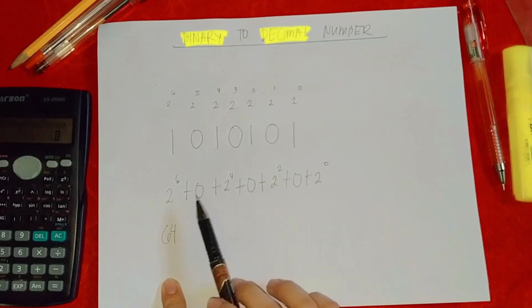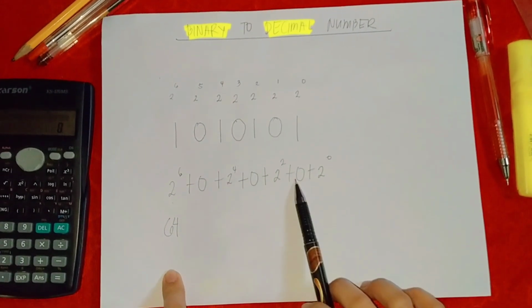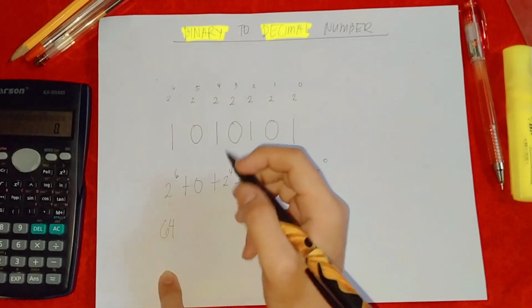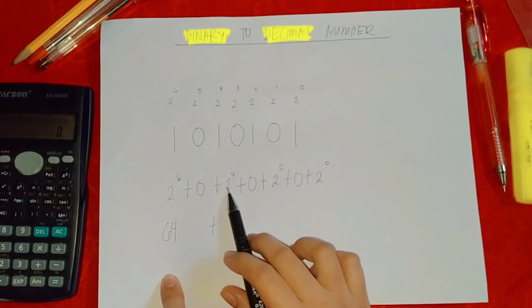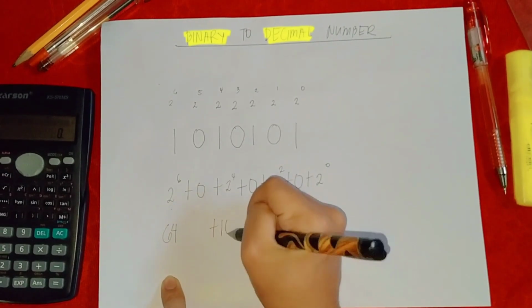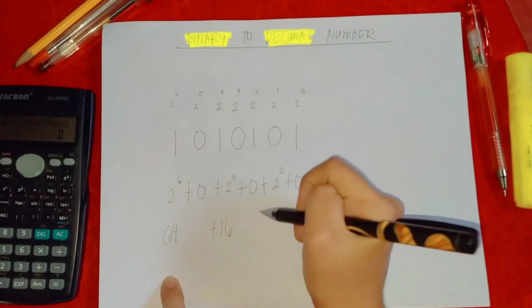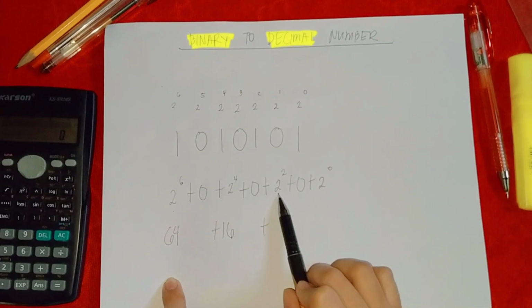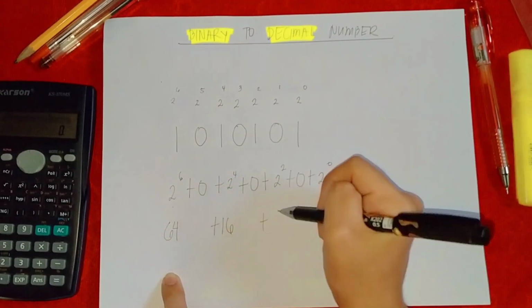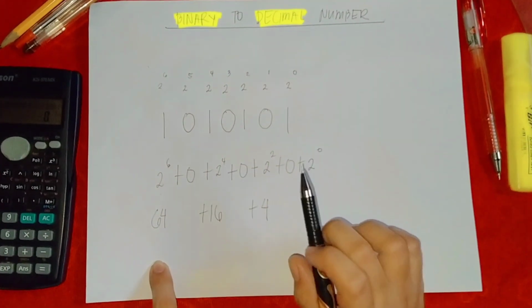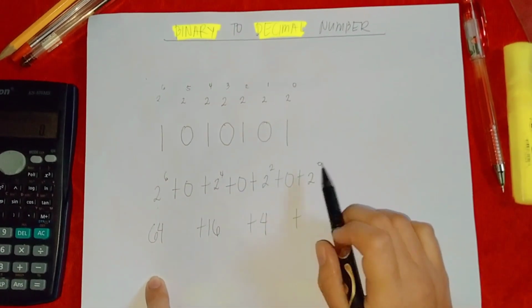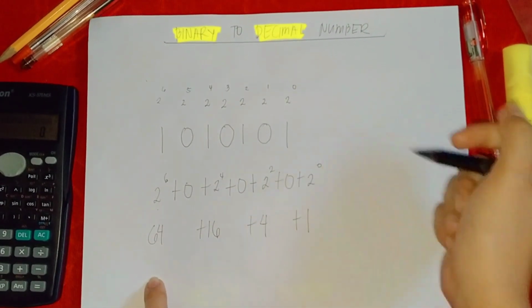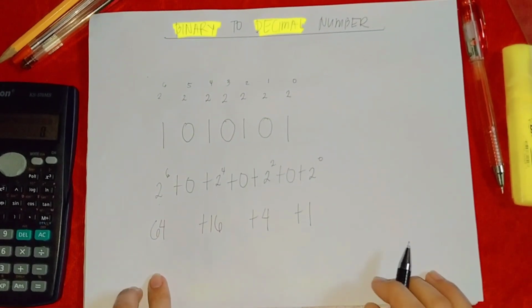Whenever you see 0, just eliminate it and continue. 2 to the 4th power is 16. Eliminate the 0, and 2 to the 2nd power is 4. Eliminate again the 0, and lastly, 2 to the 0 power is 1. Add this.